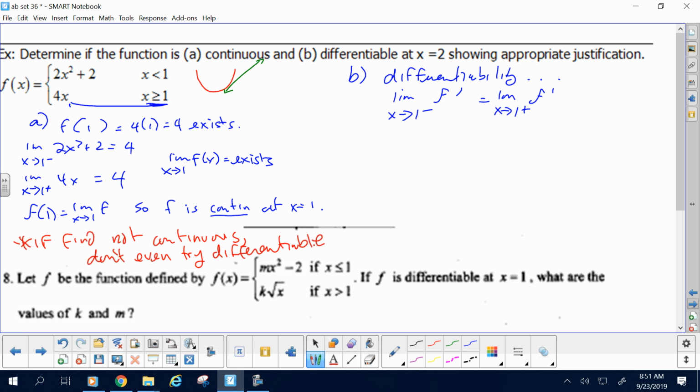Does the parabola have the same slope at the point they meet as the line does? What is the derivative from the left? 4x. And what is the derivative as of the right-hand branch?